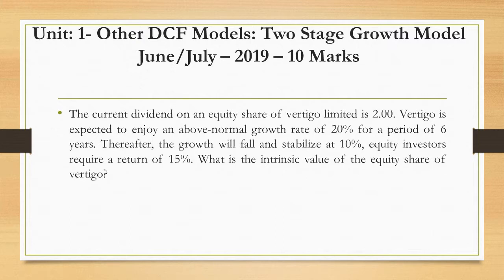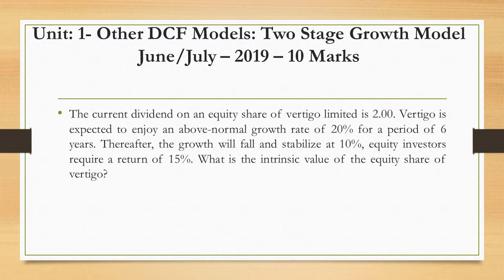Vertigo is expected to enjoy an above normal growth rate of 20% for a period of 6 years. Thereafter, the growth rate will fall and stabilize at 10%. Equity investors require a return of 15%. What is the intrinsic value of the equity share of Vertigo?